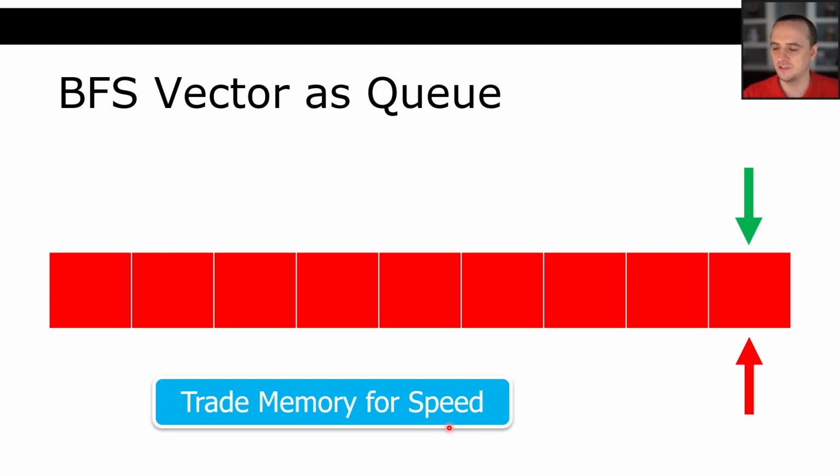And in this case, we know for our BFS, it's going to be at most the size of the grid. So we are guaranteed to know that our BFS queue, this structure, can fit in memory. It's not going to get exponentially large or anything like that, right? So in this case, we can implement this and we can get the best of both worlds. We know it's going to fit in memory, and we know that we're going to have a very fast popping type operation.